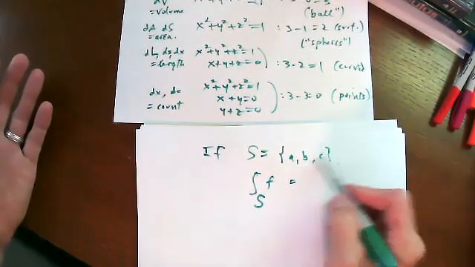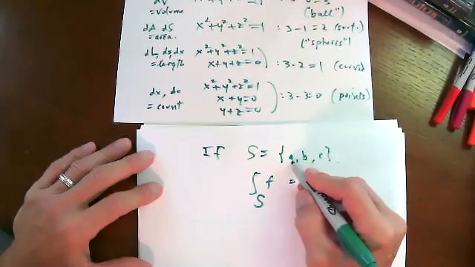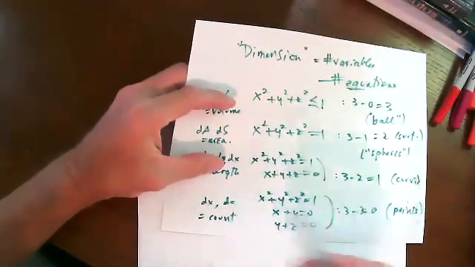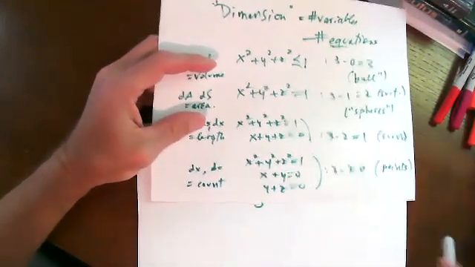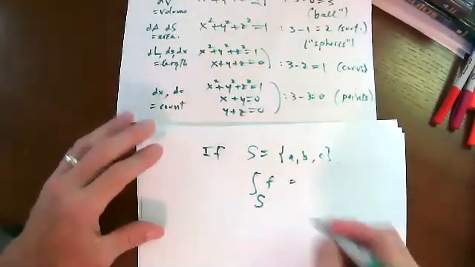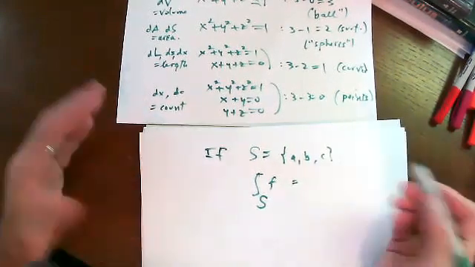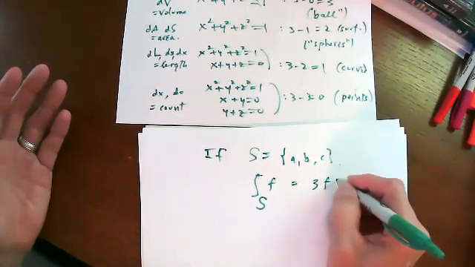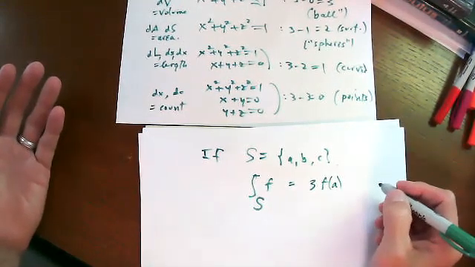You divide this set into pieces, you evaluate the function on each one of those pieces, and then you multiply by the count of the number of points in your piece. So you could just say, I'll take the whole set. There's three points in there, and I evaluate the function at one of those points.